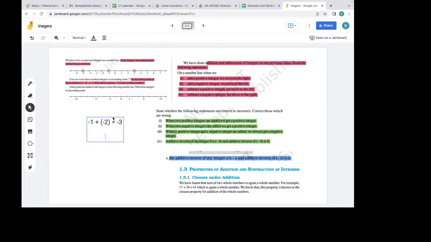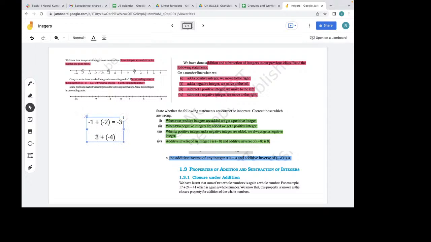So let's say we add 3 to negative, let's say -4. We need to add 3 to -4. Okay, so I have got -4 and I need to take 3 jumps.